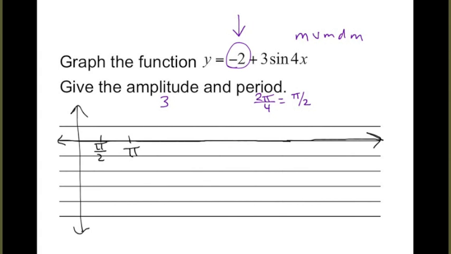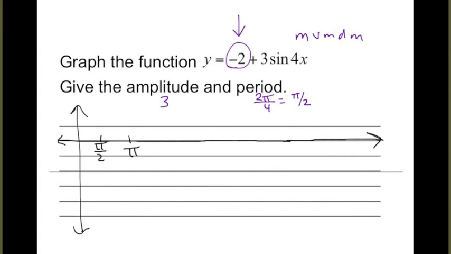Then before we begin plotting any points, we want to take care of that shift downward by 2. So what we're going to do is make a line down 2 spots. Changing our color here.